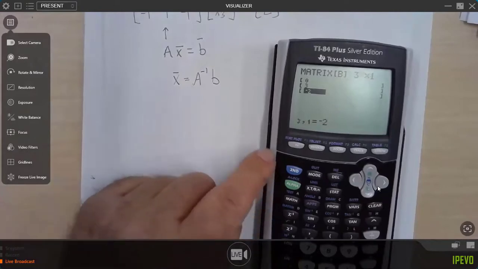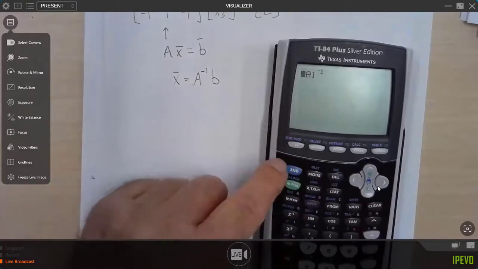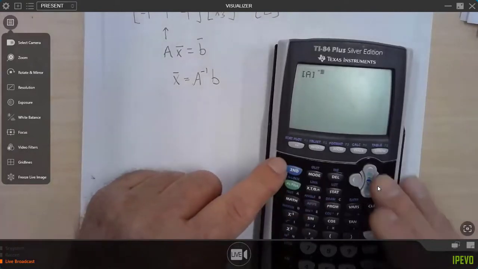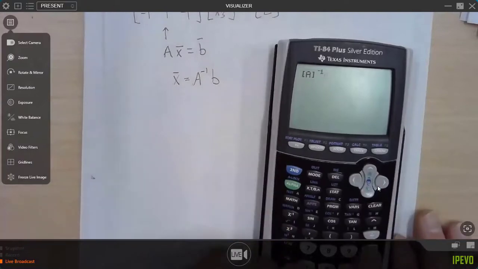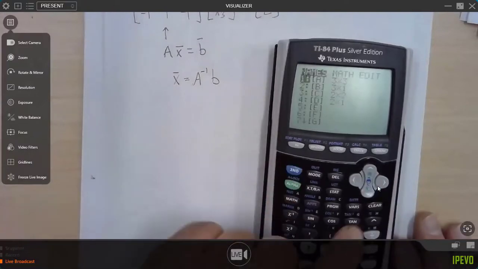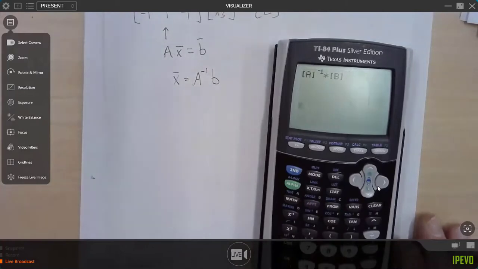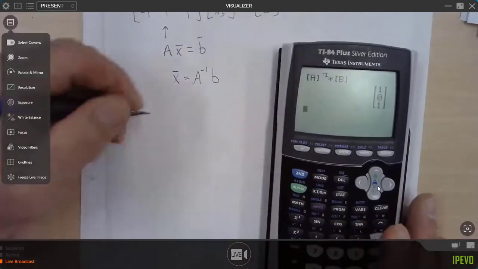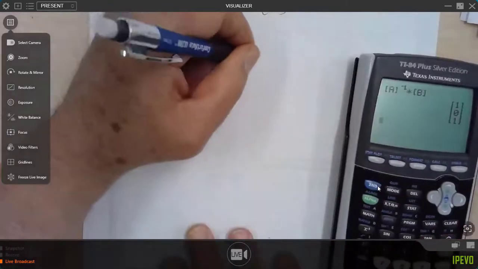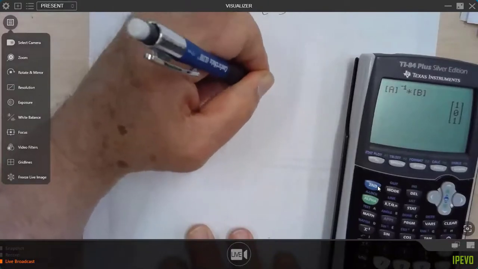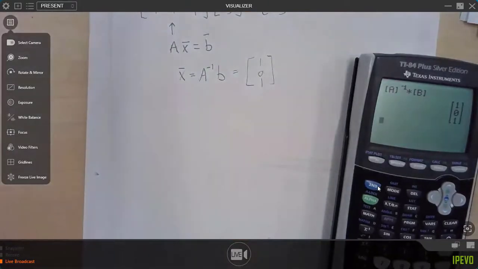Okay, then I can take A inverse times the B matrix, and we get 1, 0, 1.